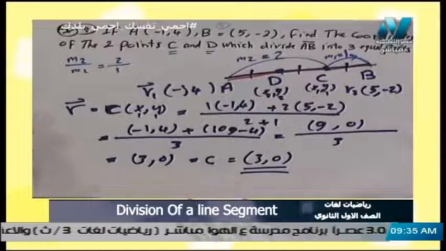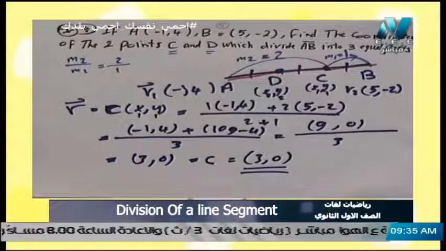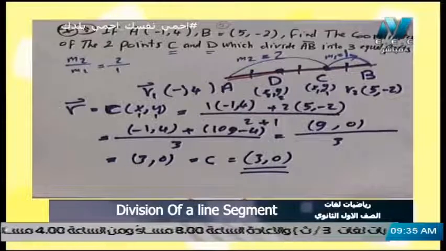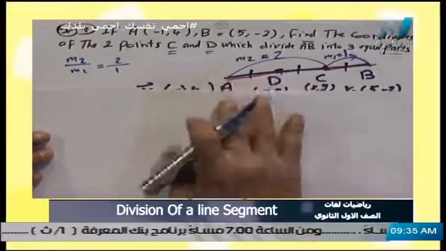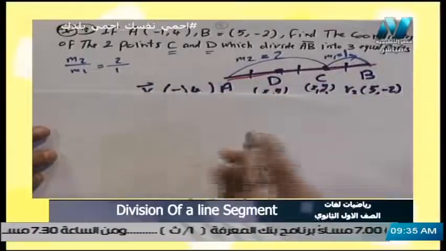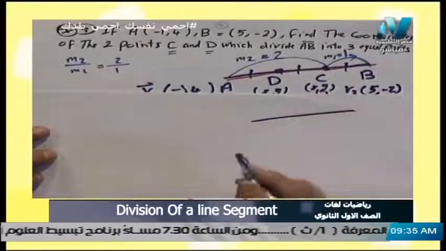Okay? But we still need to find the point D. So concentrate with me to find the point D. D here is between A and C. We can draw it like that.